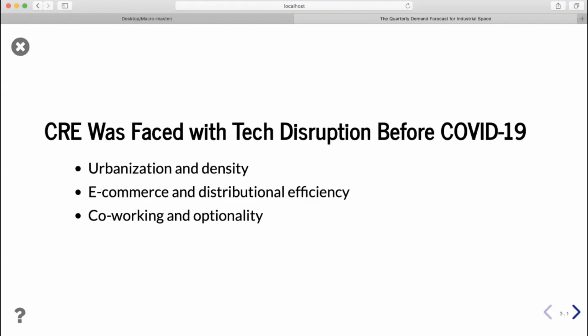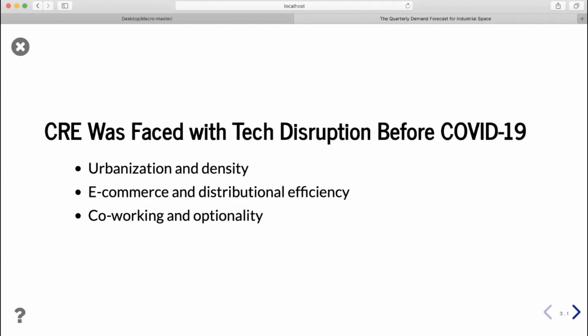E-commerce was disrupting retail long before COVID-19 occurred for one simple reason. Retail is a distribution mechanism. It isn't like office space, it isn't like industrial space. It is simply a means to move goods from producers to consumers. And e-commerce, as a matter of economics, is a more efficient distributional chain.